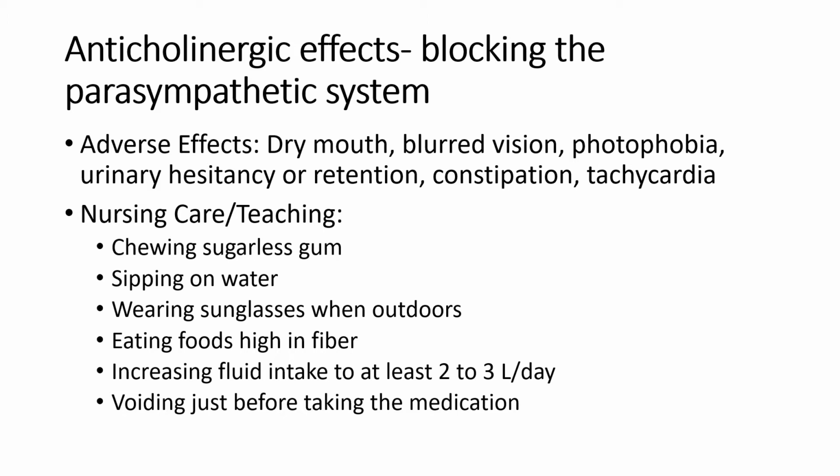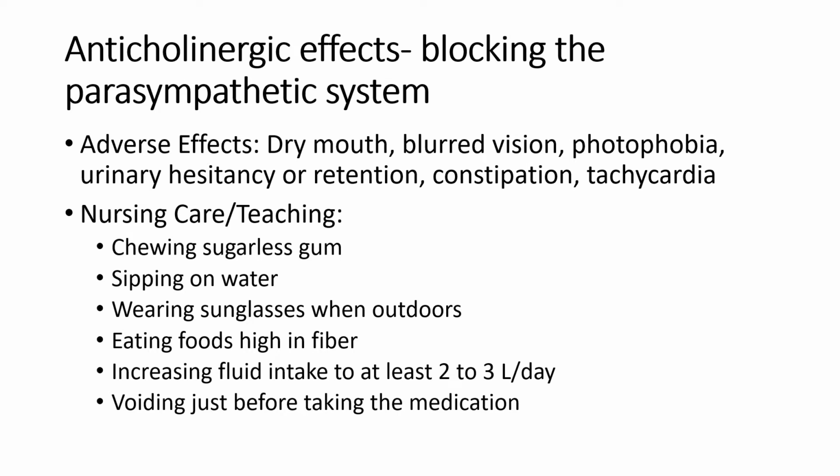So we're going to talk about medications that have significant anticholinergic side effects, and you're going to hear these particular symptoms. If I block the parasympathetic system, I'm going to have a dry mouth.